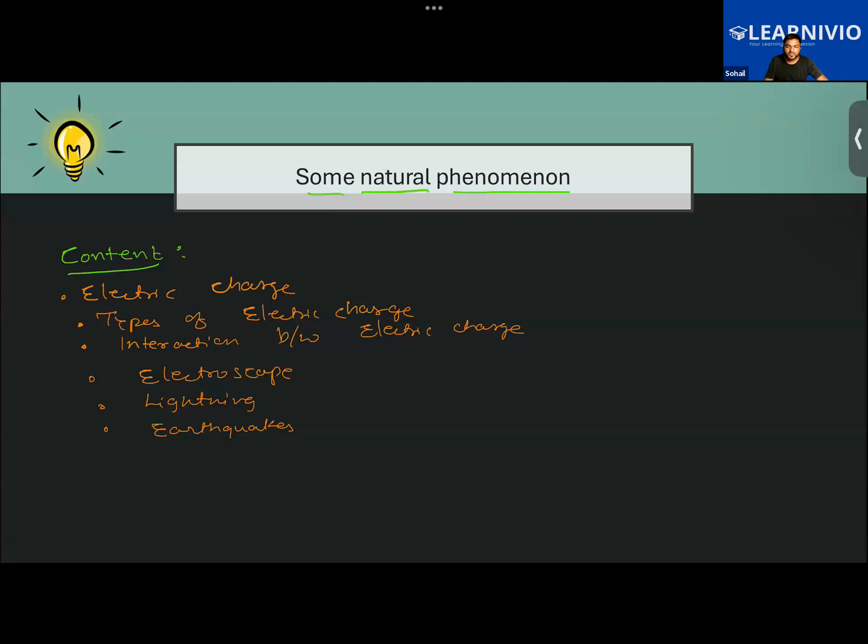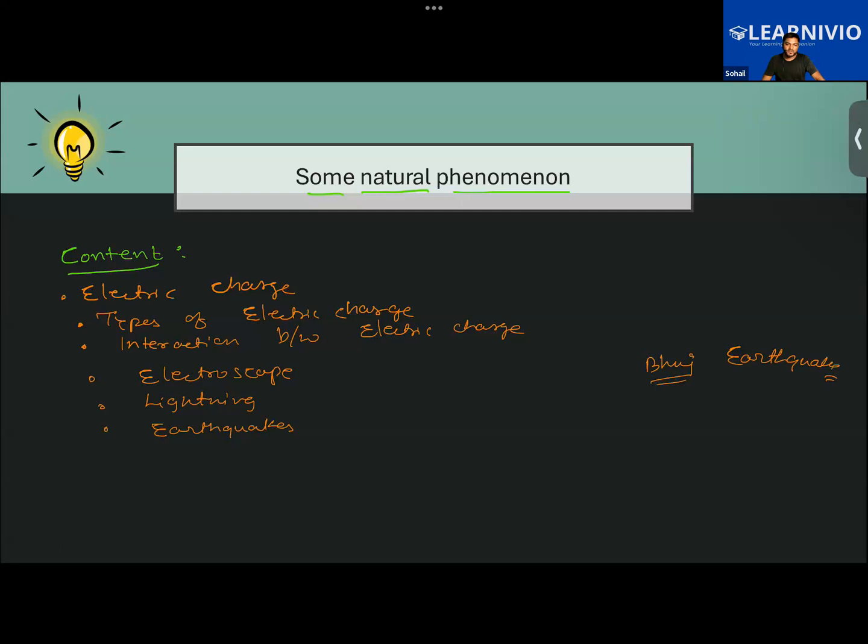Also, did you guys hear of the Bhuj earthquake? How many of you have heard of the Bhuj earthquake? The Bhuj earthquake that occurred in Gujarat in the year 2005.